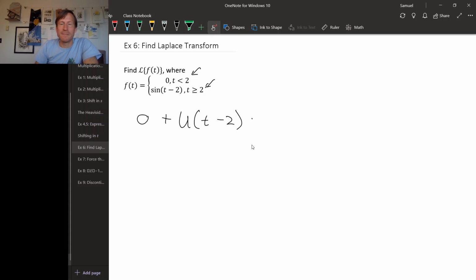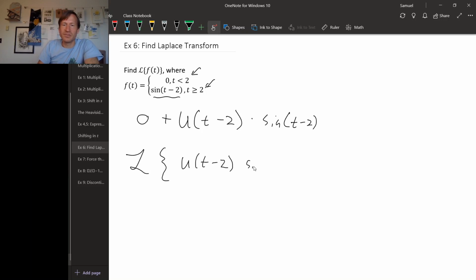Then we multiply our step at time 2 by the new function at time 2, and that's the sine function, sine of t minus 2. So the function we want to take the Laplace transform of is u of t minus 2 times sine of t minus 2.